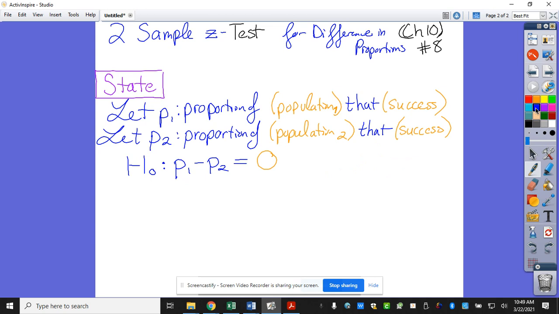So then my alternative, whatever direction I chose here, I need to choose that same one here. So this is where I chose to define my direction. And then again, I still get to choose less than, greater than, not equal to. And whatever number was there is going to be the same number, even though technically most of the time we use 0.